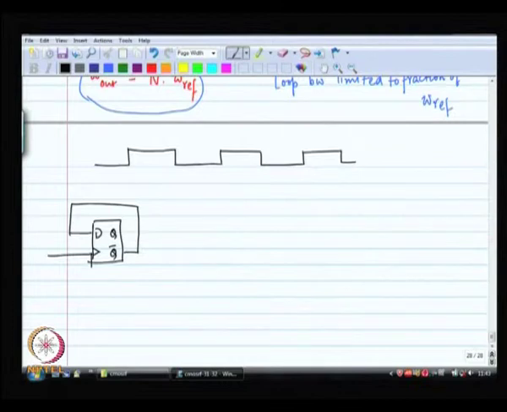right, take the output from anywhere, take the Q output for example. So, this is the clock running at frequency f and this one will be running at f by 2.